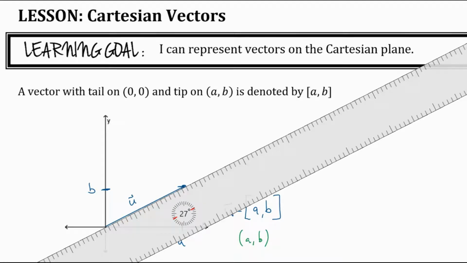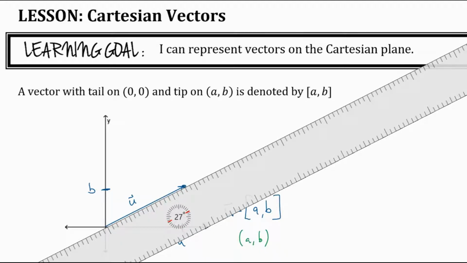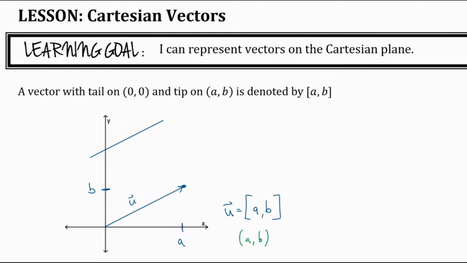I could take this vector. How long is that vector? About 2.5, and I can move it wherever I want. So I could put it here, for instance. And this would still be vector u.